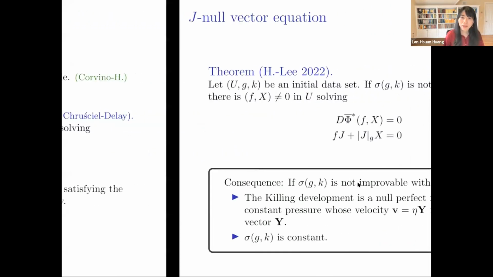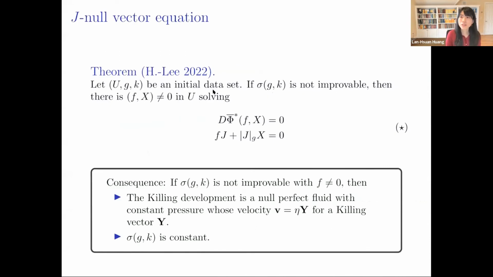Okay. And really the most striking thing we feel like in this particular work, the small recent work with Stan Lee, which I put the year 2022, is we find out there's a further condition to characterize a non-improvable initial data set.